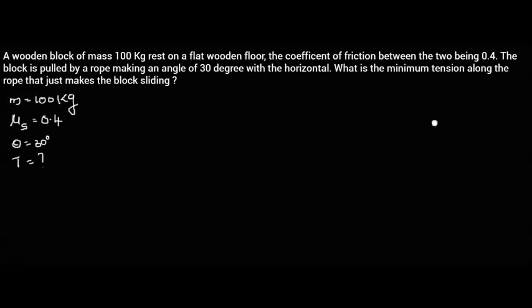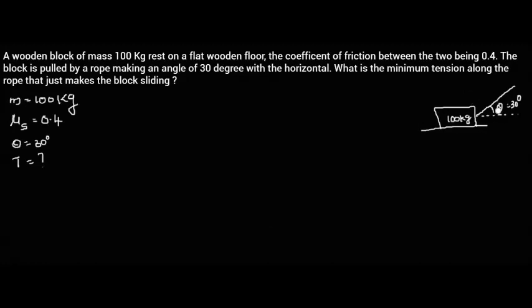So if we are drawing a rough diagram, we have a flat wooden floor here, and on the floor we have an object with mass 100 kg, and from the horizontal line we have a rope which is making an angle theta equal to 30 degrees. We are pulling this block with the help of a rope which is lying at an angle of 30 degrees with the horizontal.